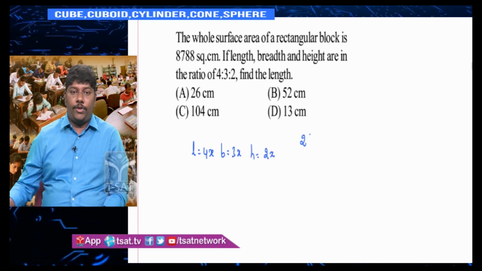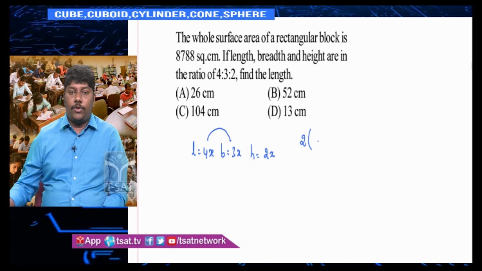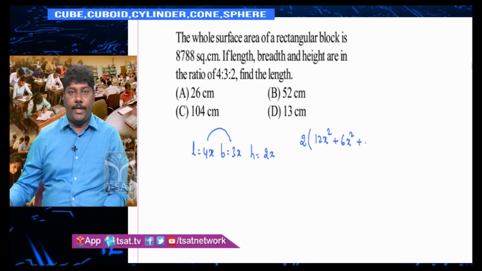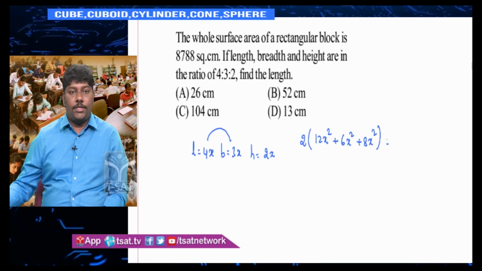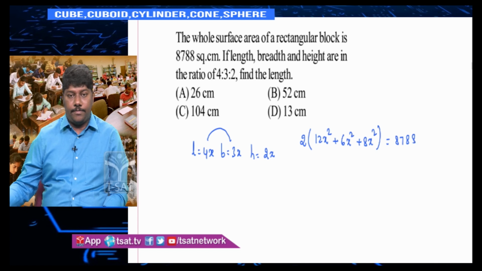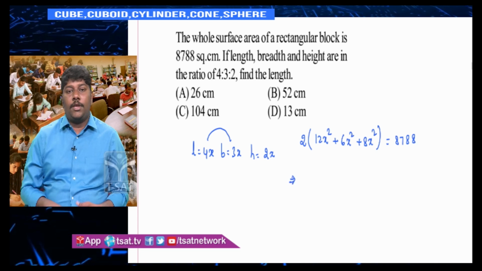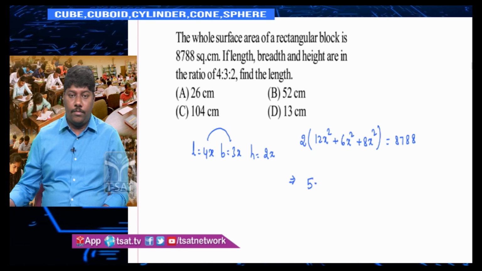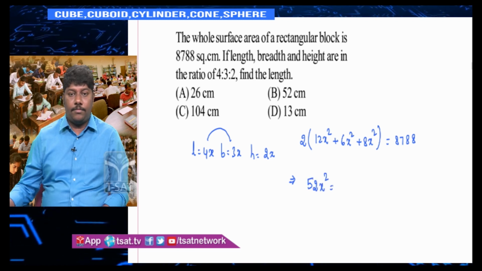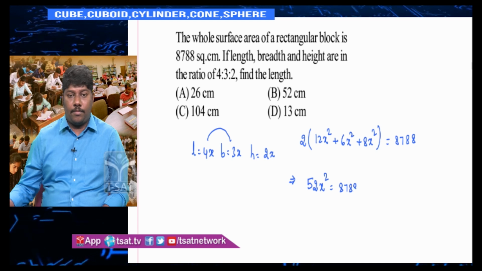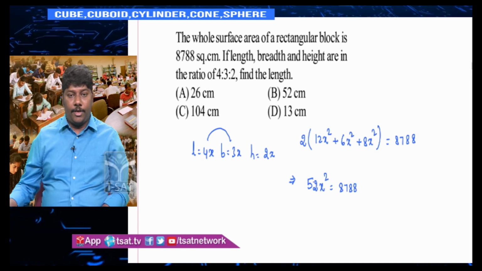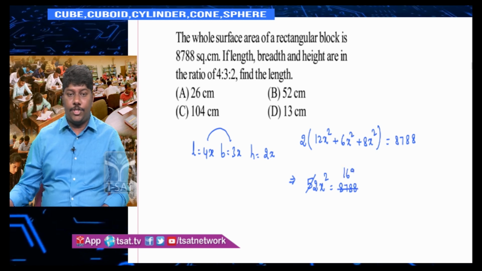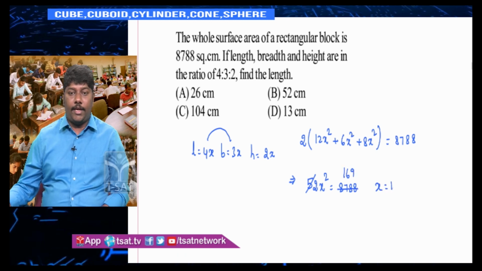Surface area becomes 2 into (12x square, 6x square, 8x square) equals 8788. 12 plus 6 is 18, plus 8 is 26, therefore it becomes 52x square. You can cancel by 52 table or else 13 table. Either way you get 169. So x is equal to 13.